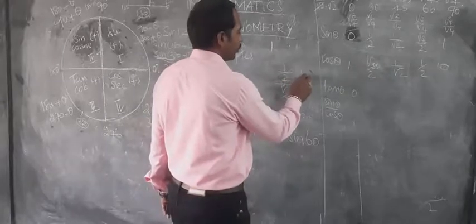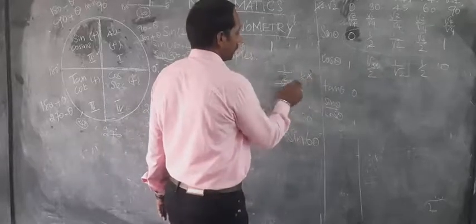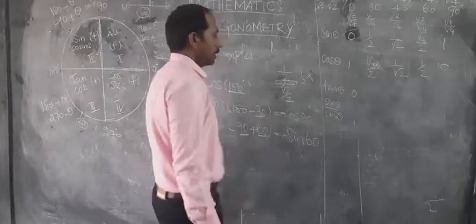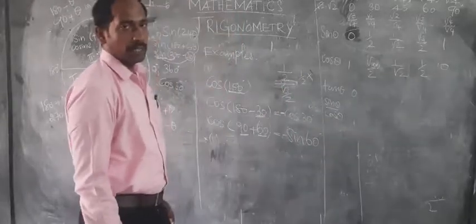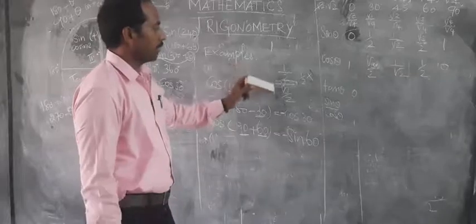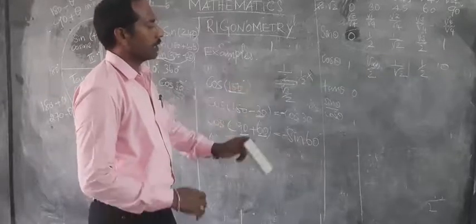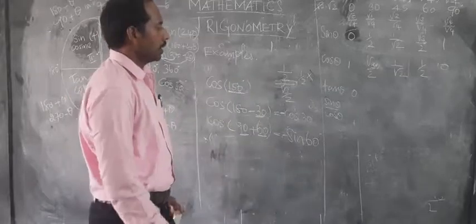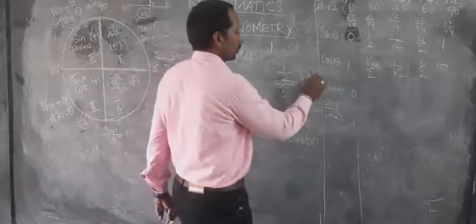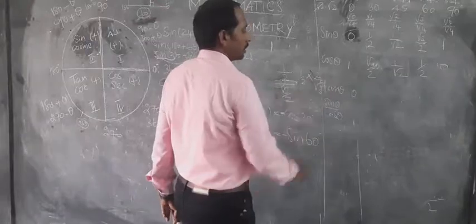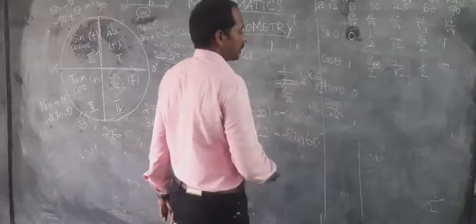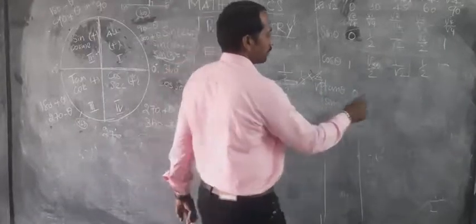So 1 by 2 divided by root 3 by 2. When you simplify two fractions with divide, the divide automatically converts to multiplication. You have to write the reciprocal, 2 over root 3. So you simplify, you cancel it, remaining value 1 over root 3.